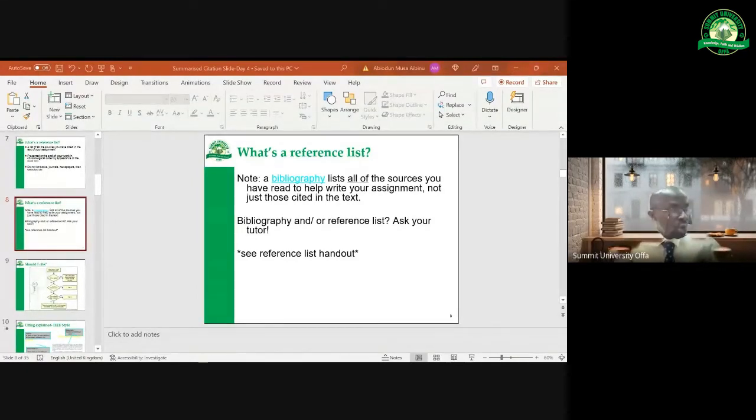But now to your question, we have a series of software that you can use, but let me just mention 3 here. We have EndNote, we have Mendeley, we have LaTeX, and lots more. It depends on what you want.